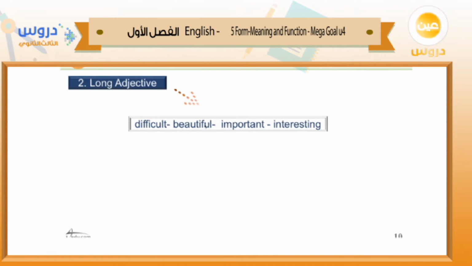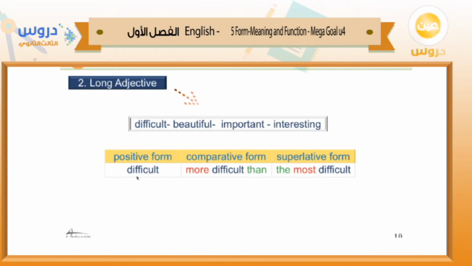So here more than one syllable, so we call them long adjectives. Here we have to deal with them differently from the positive form, difficult. The comparative form, more difficult than. For the superlative form, the most difficult.